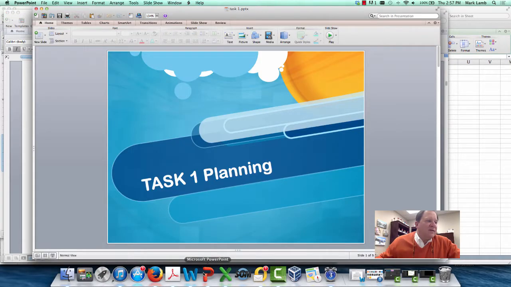So let's move forward then into the idea of Task 1, which is the planning section. Remember, this isn't about trying to create some daunting task for you that stresses you out and makes you break out in hives every time you mention the assignment.